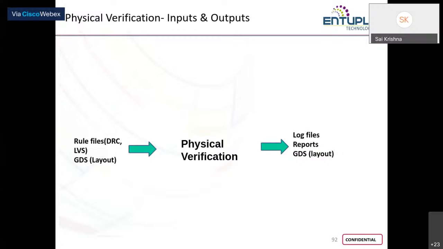Now, along with your design, you also read in your rule files, just the way you do in your full custom flow. Here also you will have certain rule files, and based on your design and rule set, you perform DRC and LVS.